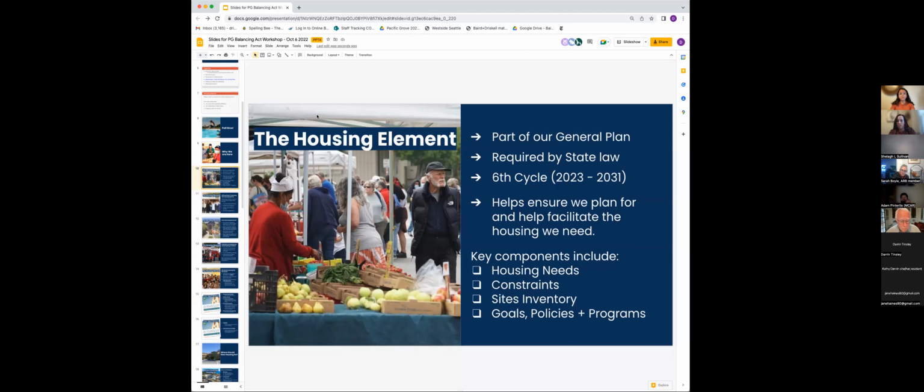We need to demonstrate to the state that we have a plan to achieve our housing need numbers, and I'll talk about what that means. The state reviews the plan and does what's called a certification process. Under state law, we need to have a certified housing element in order to exercise one of the primary functions of local government, which is land use, zoning, and development approval authorities.